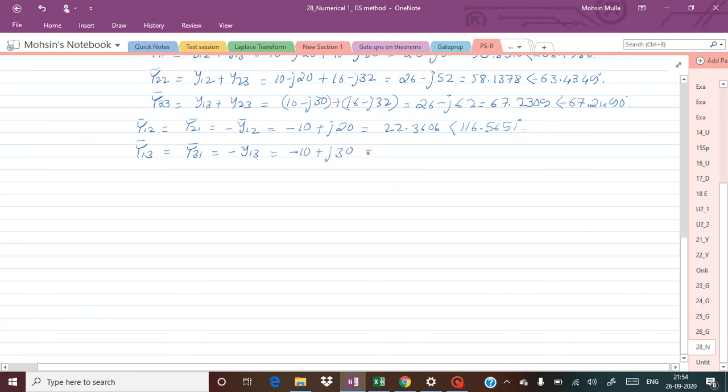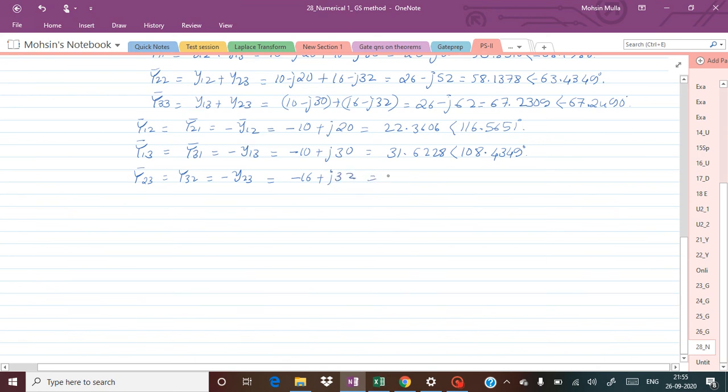In polar form, 31.6228 at an angle of 108.4349 degrees. Finally, Y23 equals Y32, which is minus y23, equal to minus 16 plus j32.